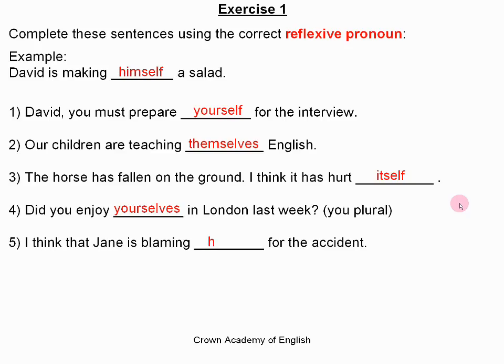The answer is, I think that Jane is blaming herself for the accident. Question 6. The answer is, we helped ourselves to the buffet. We helped ourselves to the buffet. So this is the first person plural, ourselves.